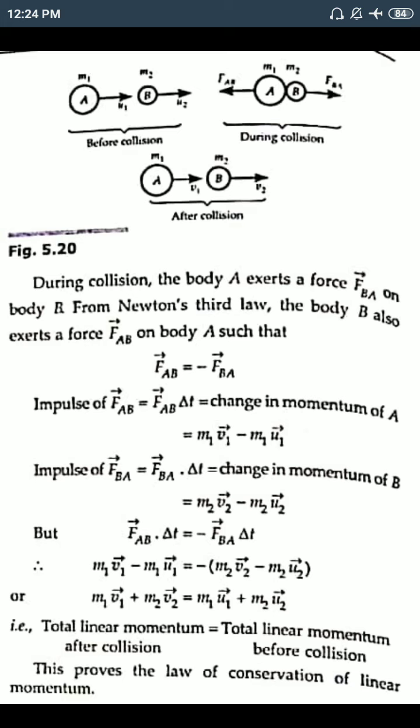So the total linear momentum after the collision equals the total linear momentum before the collision. From here we can see that the momentum before and after collision is equal, so this proves that linear momentum is conserved.